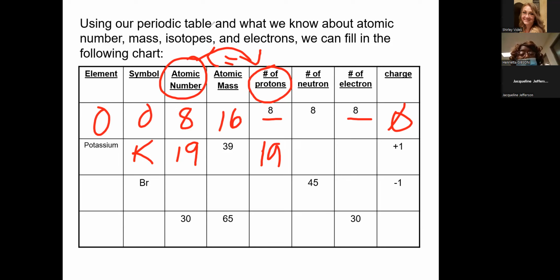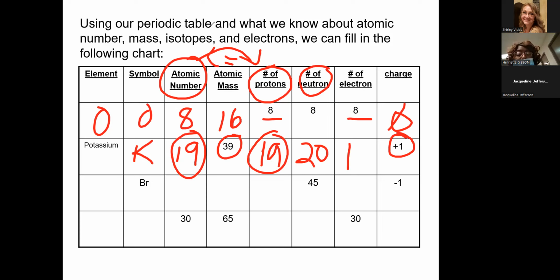So when you are looking for the number of neutrons, we have to subtract this minus this. So that gives us 20, correct? And based on this charge, we know that we have lost an electron, and we normally would have had 19. So we have 18. See that? See how I did that?